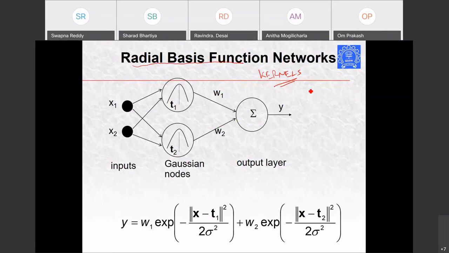Unlike this log sig that we had, or any of those functions, which are more global functions, because they go from 0 to 1. What I plotted here is the net n, and this is the output f of n. They are global functions which have their influence far from the value n equal to 0. At n equal to 0, 1 over 1 plus e to the power minus n is 0.5. Over here it is 0, not well drawn. And this will be about 1 when n is very large.